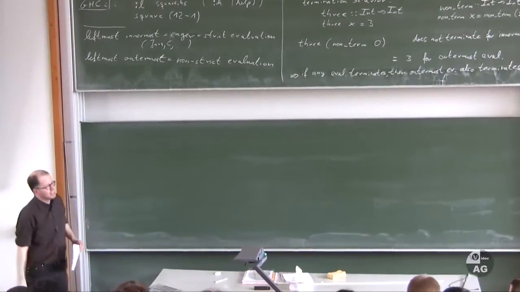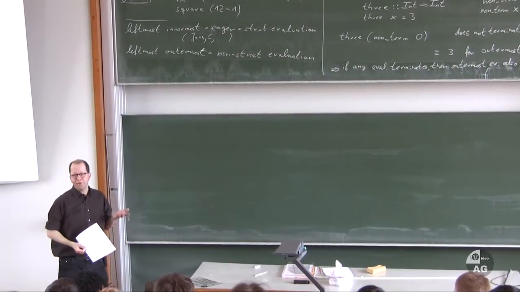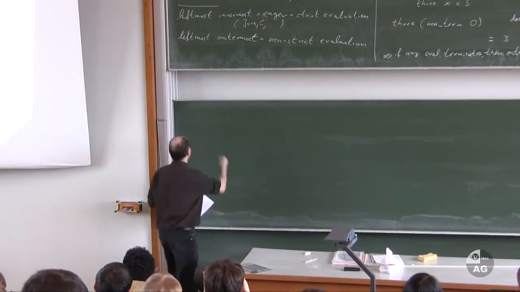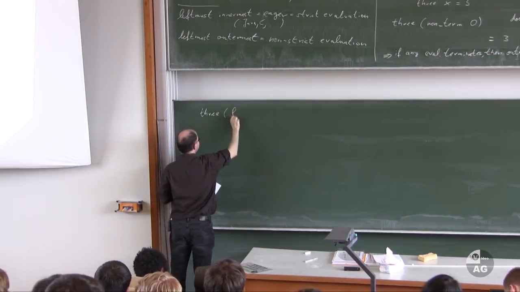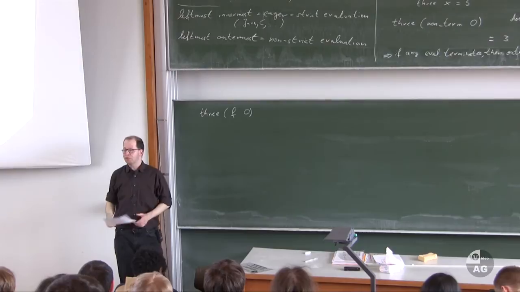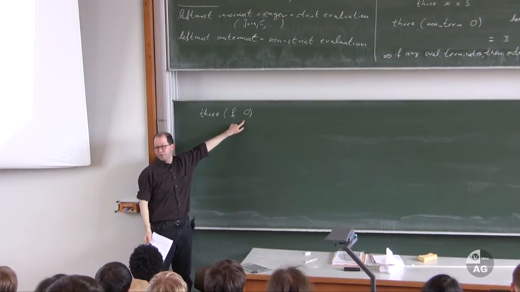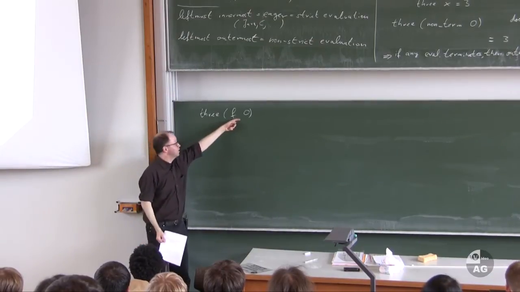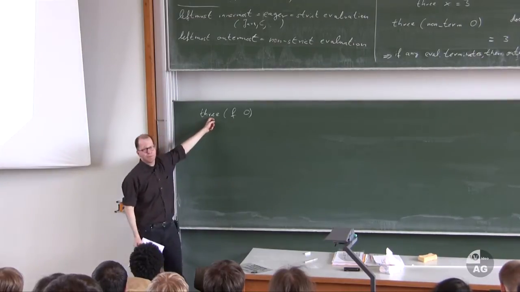And, well, with the same example, you can also imagine that outermost evaluation can be faster, can be more efficient. So, I mean, if you compute something like 3 of f of 0, and f is a function that takes really, really long to compute, so to evaluate f of 0, you take a whole year of evaluation. Now if you do innermost evaluation, you spend 1 year on evaluating f of 0, then you throw the result away and return the number 3.